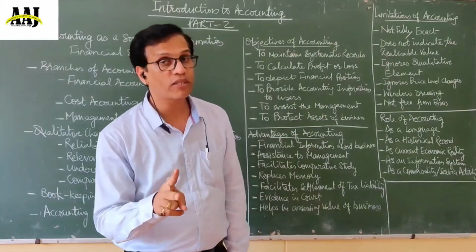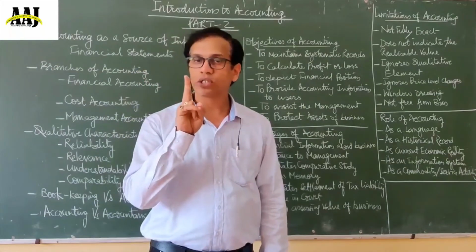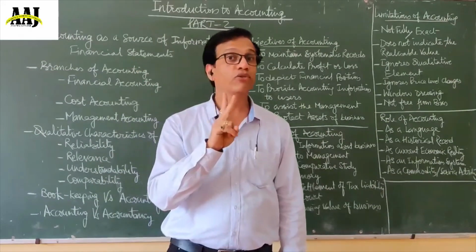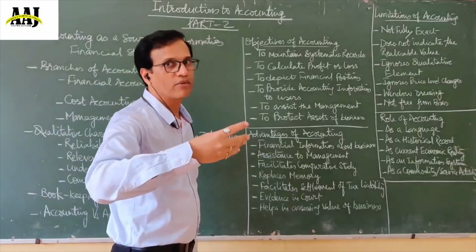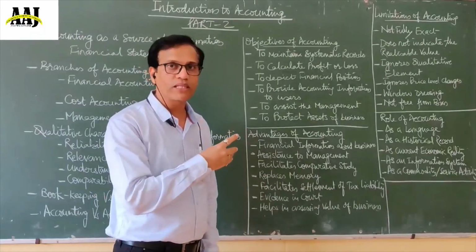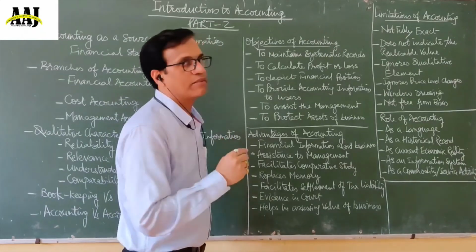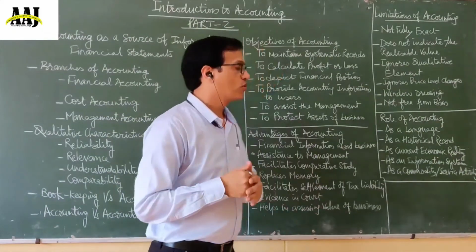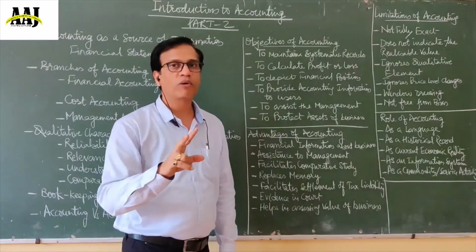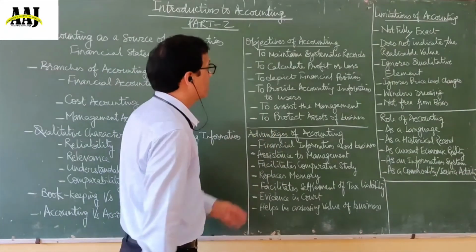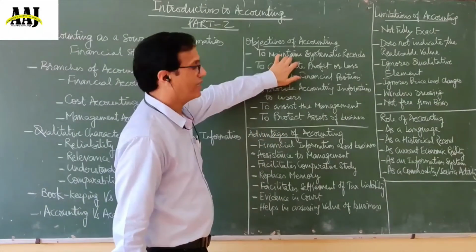And financial information includes two things. That is, number one, financial performance, about profit or loss, and then financial position, that is, about assets and liabilities. So it helps to know about the financial information because they are maintaining systematic records.